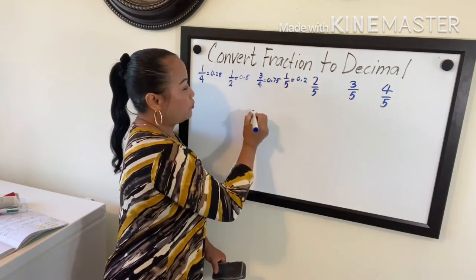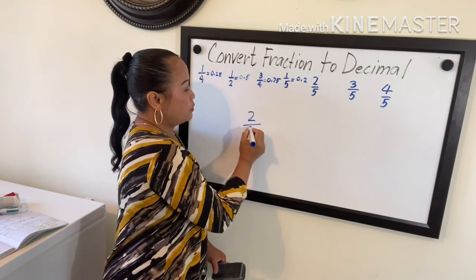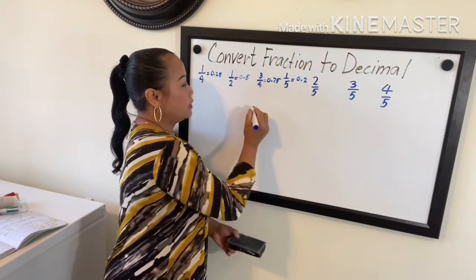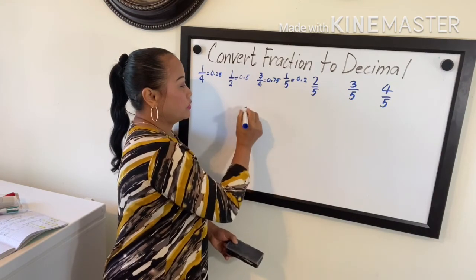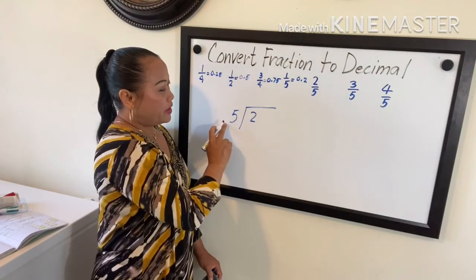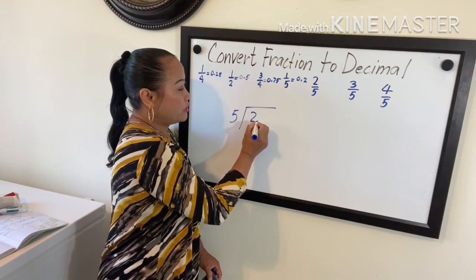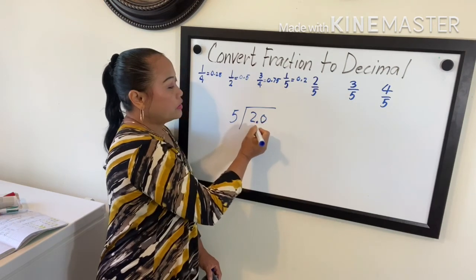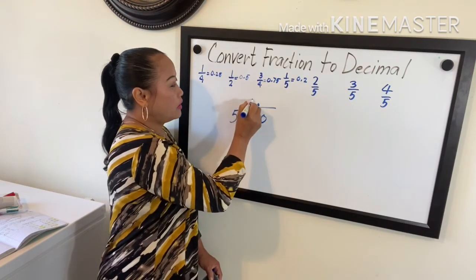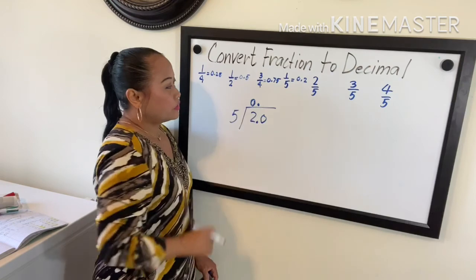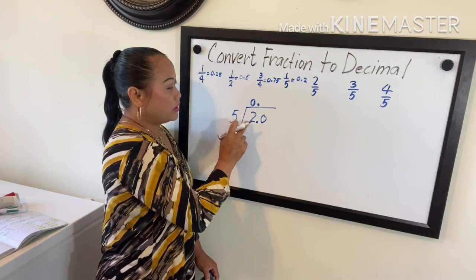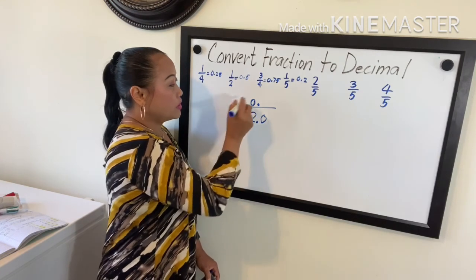Next, 2/5. Now we will rewrite this one like this. 2 divided by 5. So 2 divided by 5 cannot be. We have to add a decimal point here and then 0. And then straighten up here. Then we'll always have 0 on top if the number here is lesser, like 2 divided by 5 is 0.